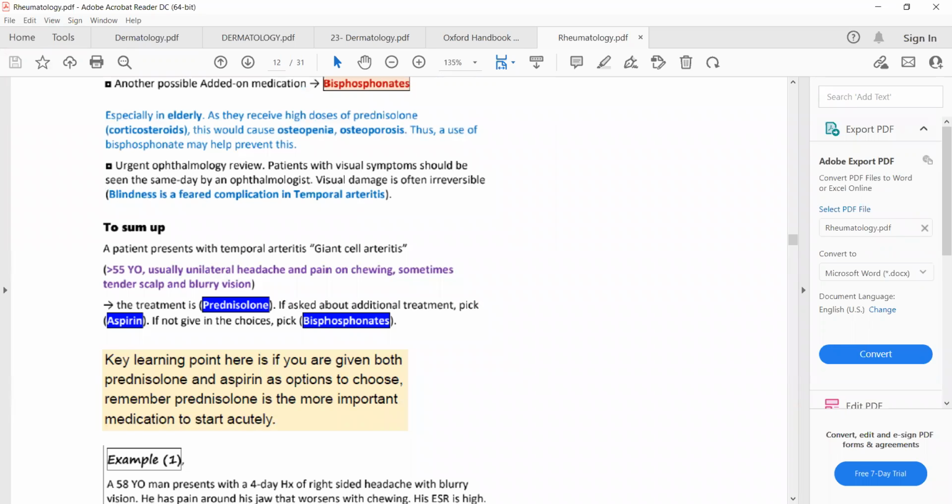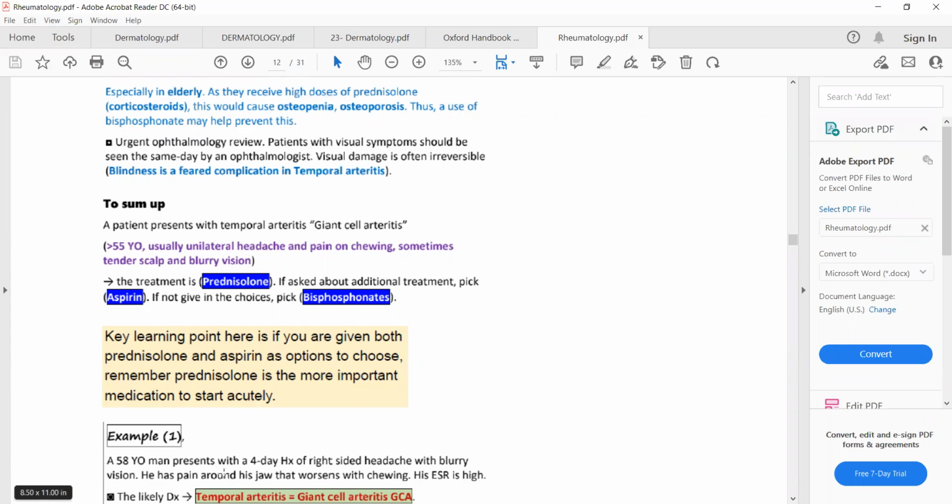So let's discuss an example. A 58-year-old man presents with a 4-day history of right-sided headache. So a male who is above 50 presents with a right-sided headache, with blurry vision. He has pain around his jaw, claudication that worsens with chewing.